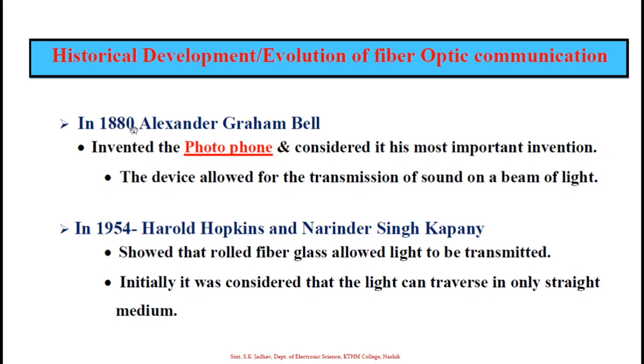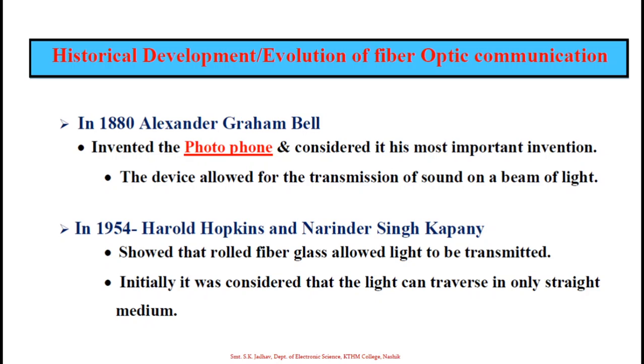In 1880, Alexander Graham Bell invented the photophone and considered it his most important invention. The device allowed for the transmission of sound on a beam of light. In 1880, Bell conducted the world's first wireless telephone transmission between two buildings, some 213 meters apart.